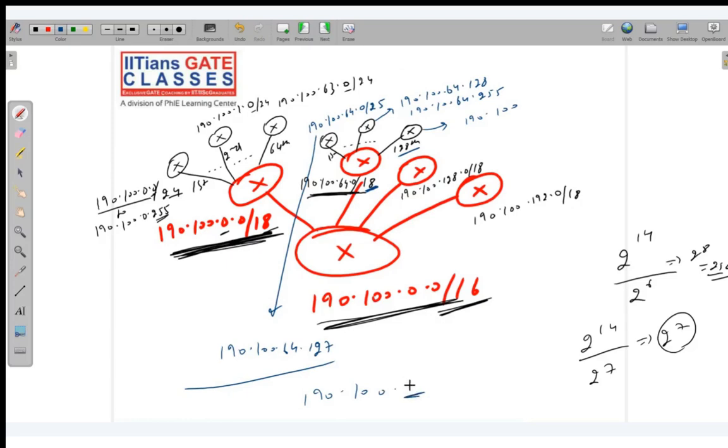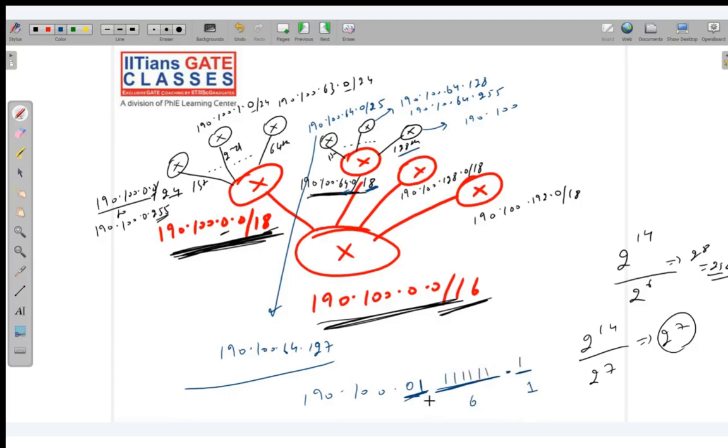And what have we put here? 0, 1. Why? Because 64. And now from here onwards you have borrowed 7 bits. So 6 bits you will borrow from the third octet, and 1 bit you will borrow from the fourth octet. 6 bits from here, 1 bit from here. And the 128th organization means 127 you will fill here. So 1, 2, 3, 4, 5, 6, and here 1, 7.